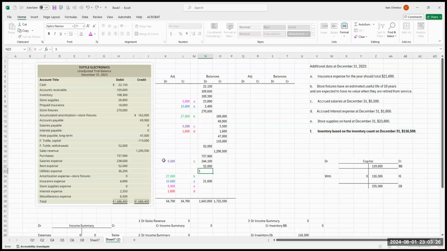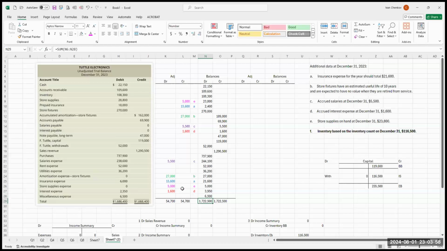Utility expenses stay the same. Amortization expenses increase to $27,000. We already have the insurance expense given to us. Store supplies increasing to $5,000. Interest expense is going to increase with 1,600, so 2,350 plus 1,600, 3,950. And the miscellaneous expense is going to stay the same, $6,500.